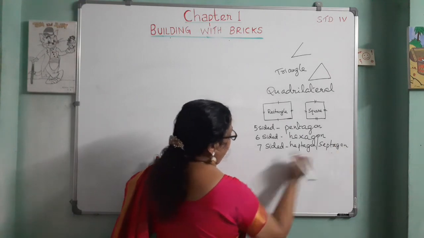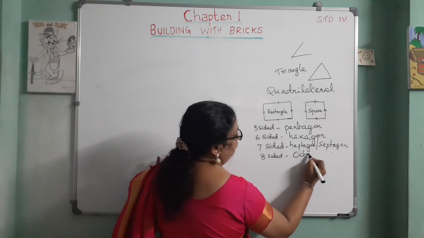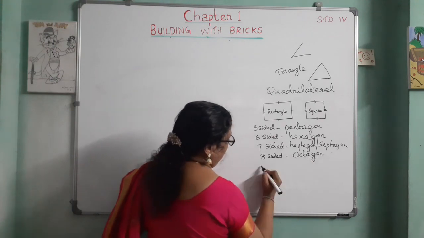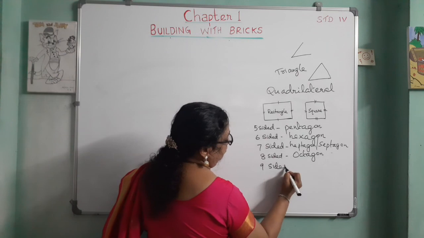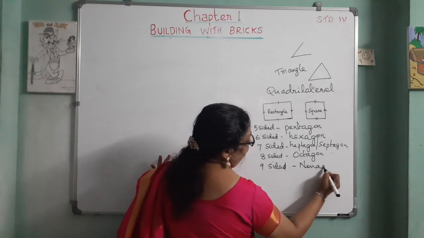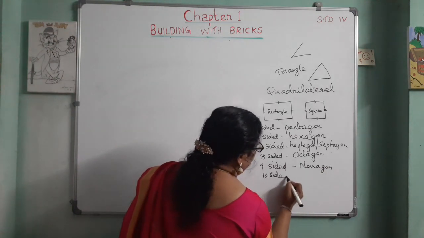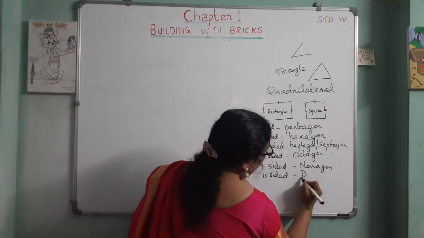Both are correct. Then 8-sided polygon is called octagon. Then 9-sided polygon is called nonagon. 10-sided polygon is called decagon.